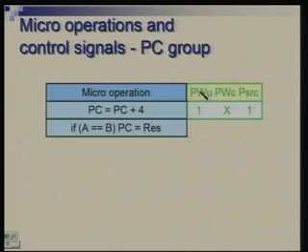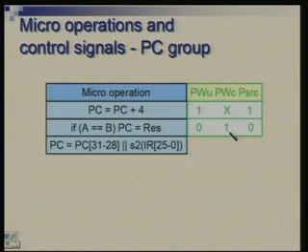So, this is the next micro operation where we conditionally transfer an address to PC. Here I activate this signal and do not activate this signal. The source is 0, which means this value which is in RES is being taken. And the third case is that the jump address goes to PC.